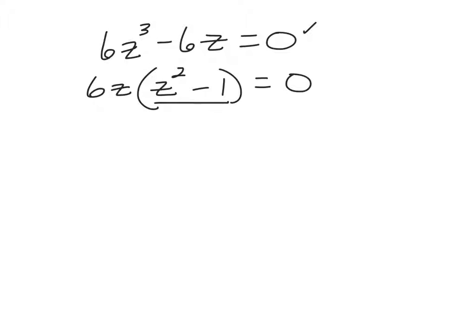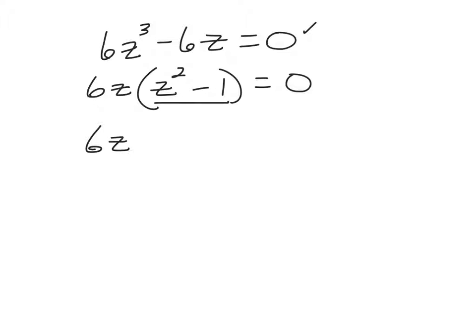Well, it's got two terms. So the first question I should ask when I have two terms is, is it the difference of squares? Class, I'm asking you, is z squared minus 1 the difference of squares? No? Are you sure? Maybe not.